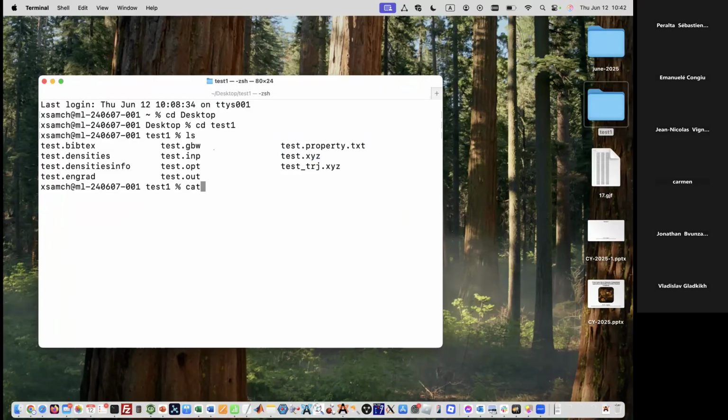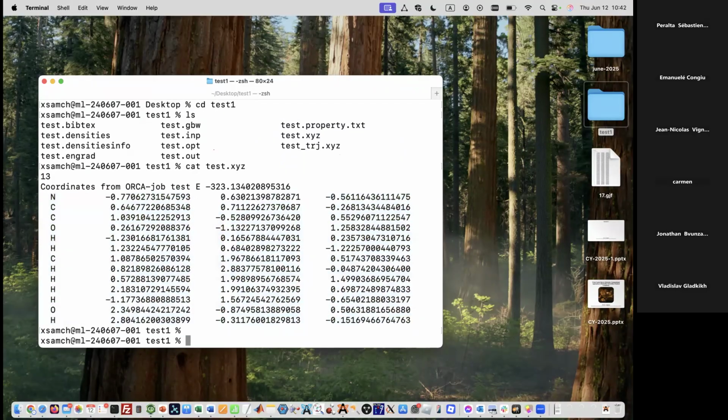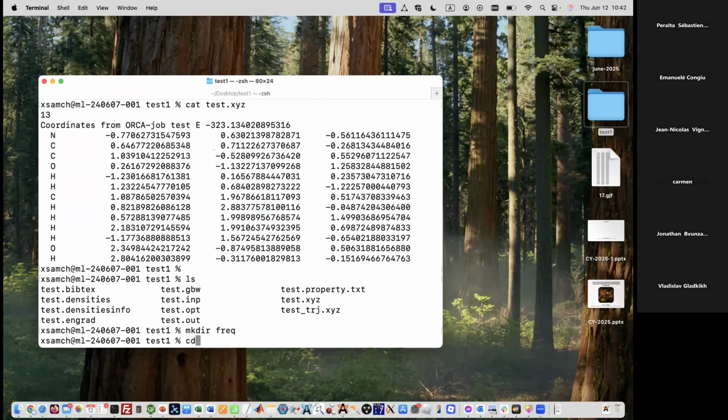You can take the coordinates, and then I will set up the frequency calculation.